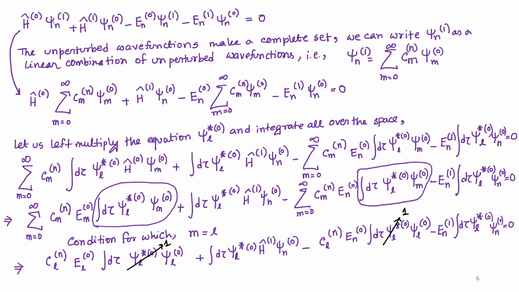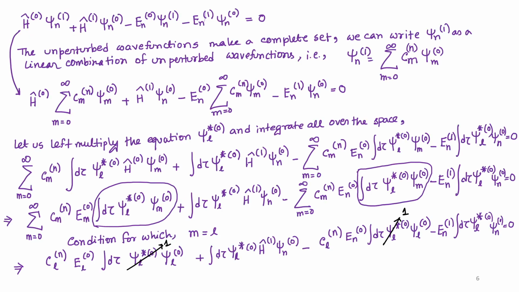So now next I'll write this part. If you remember, we have two terms where the C L n is common here and here. So I will take that common. By taking it common, what are we going to get? Here we will get E L 0th minus E N 0th. Okay. What else we have?